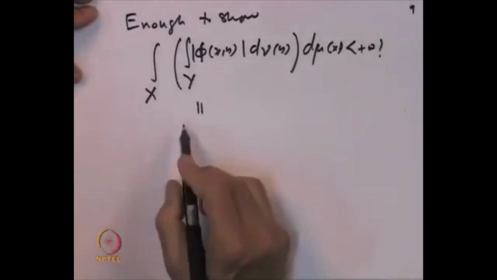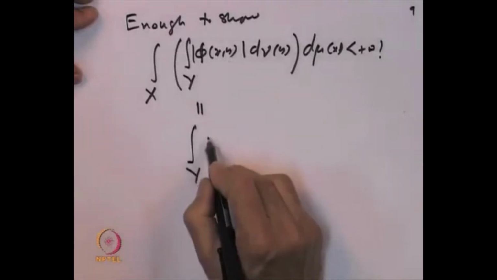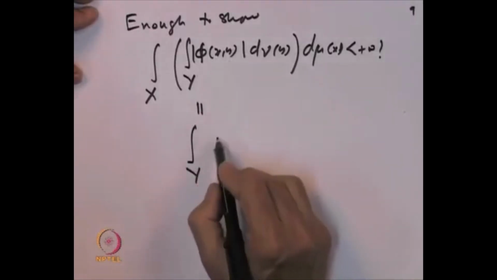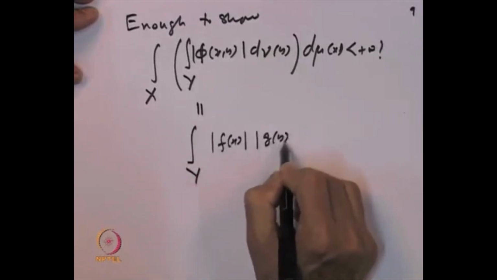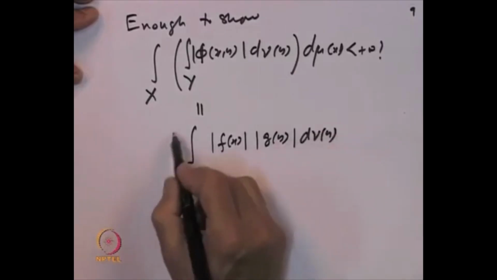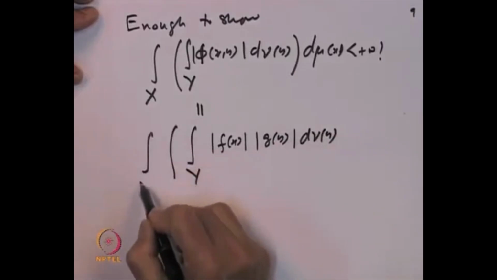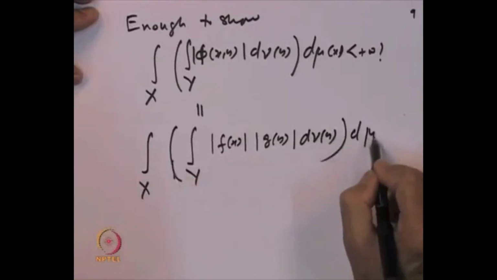So, this quantity is equal to the inner integral over y, where phi x y is f x g y. So, it is mod of f x mod of g y, okay, d nu of y, integral over x of d mu x.